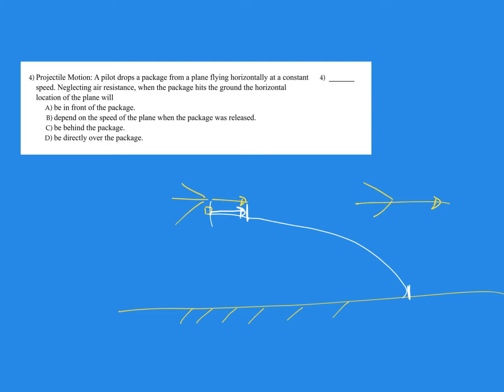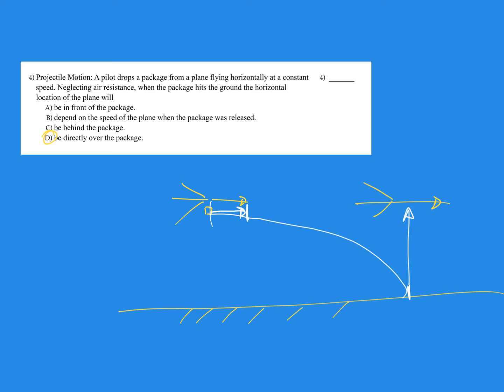So when the package arrived at the floor, the plane will be just here, directly over the package. It's a good question. The answer is: directly over the package.